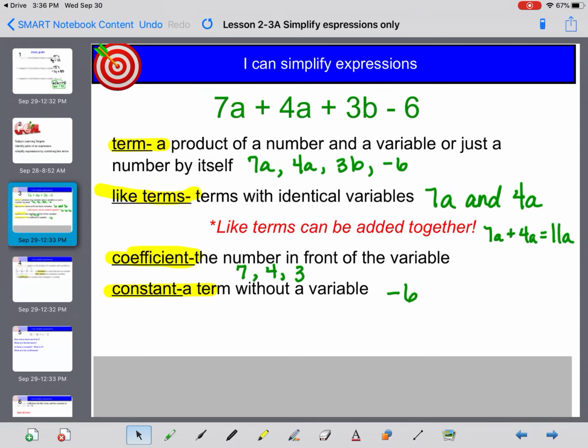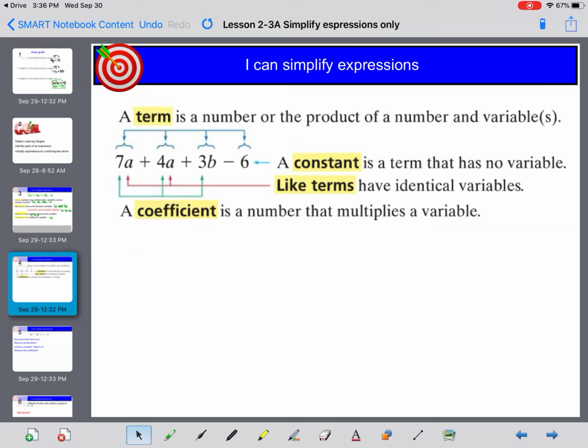Pause the video if you need more time to write down the terms. This is another way of looking at exactly what we had just talked about. This is also in your notes packet. So here is a term. A term is the 7a, the 4a, the 3b, and the minus 6. The constant is a term that has no variable.